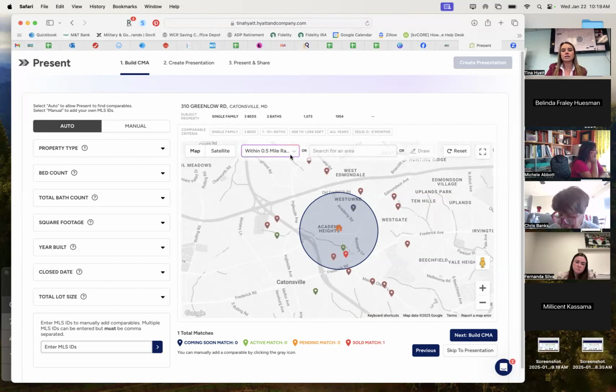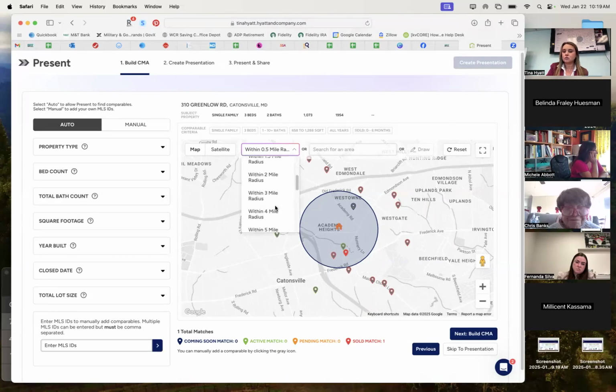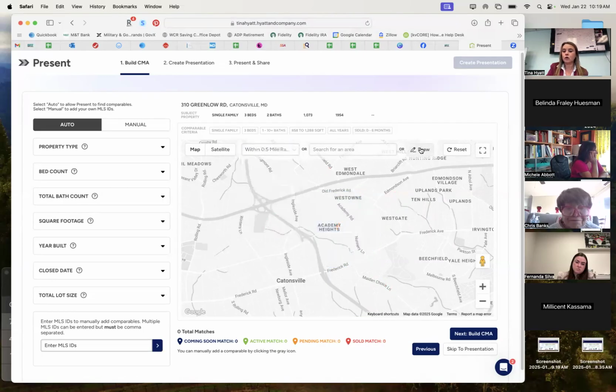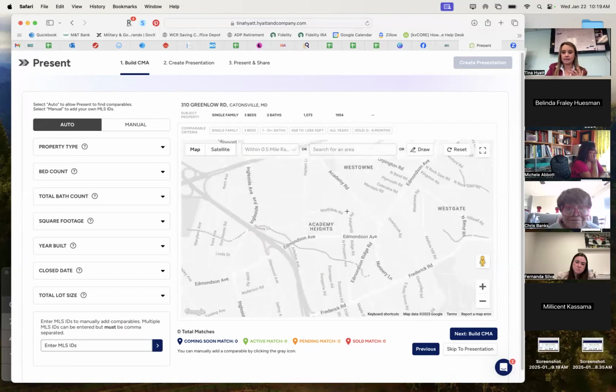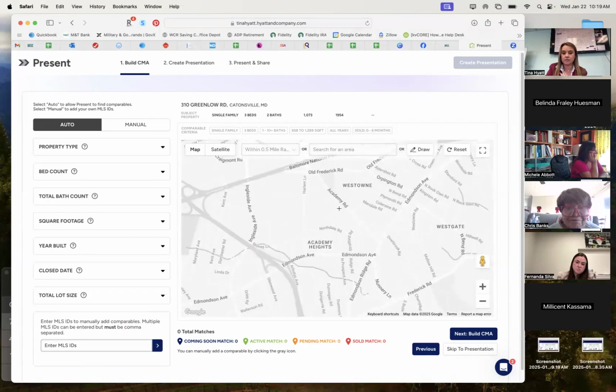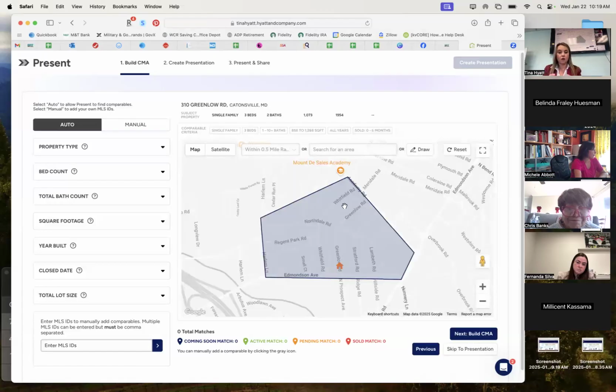So you can even ditch your radius and you can draw your area. So for example, just like on the MLS, I know Academy Heights is a very specific neighborhood, different from all the surrounding neighborhoods because of their deed restrictions. So I can go in and I can draw my search area specific to Academy Heights, and I can only look at properties in Academy Heights.